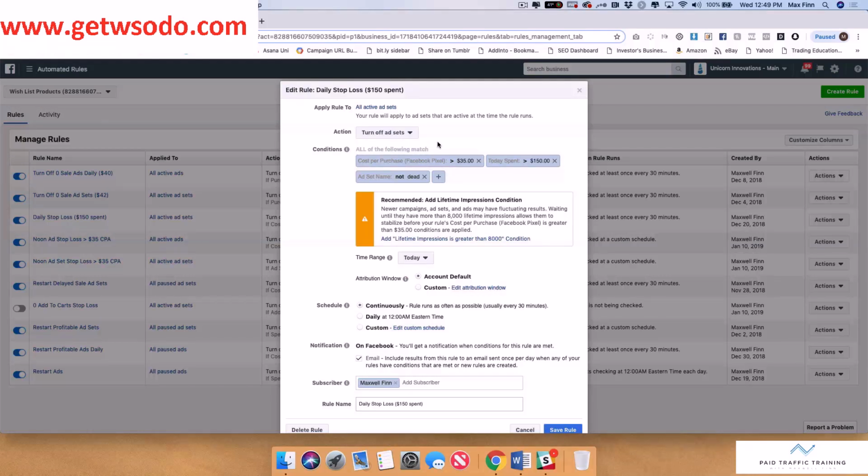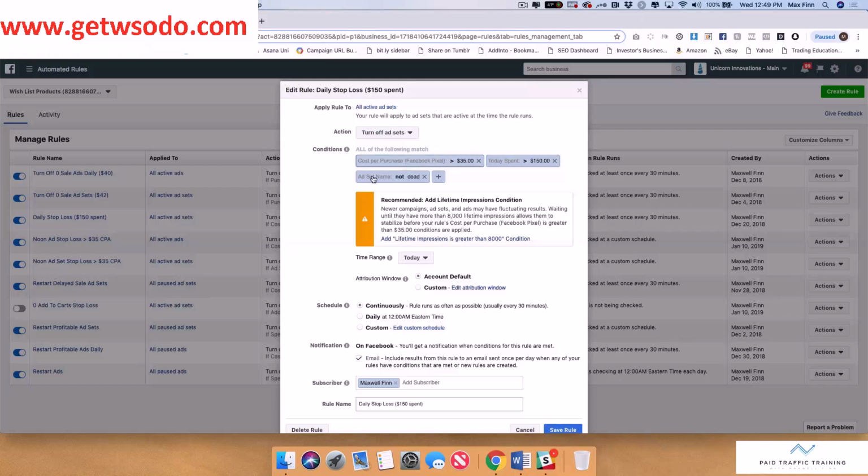So we were turning off ad sets if the cost per purchase was over 35, which again was our line in the sand, if it spent more than $150 so far in this day, and it didn't contain "dead" in the ad set name. We had certain keywords in there so they didn't get triggered by rules, which is important for the reset and turn off rules. You want to make sure there's certain ad sets and ads that can run separate from any rules. So we could do that with different ad set names here.